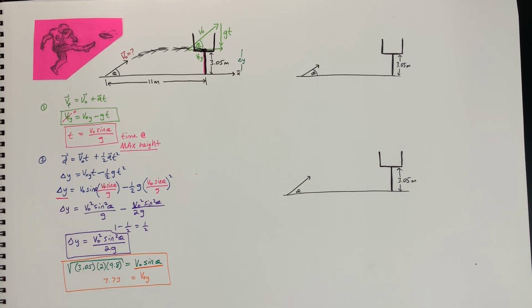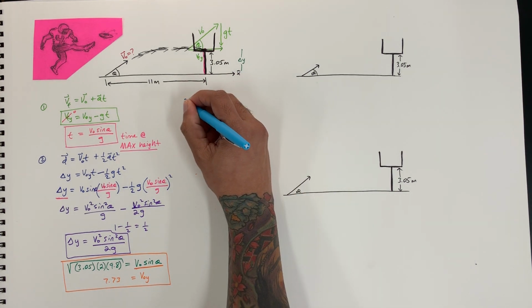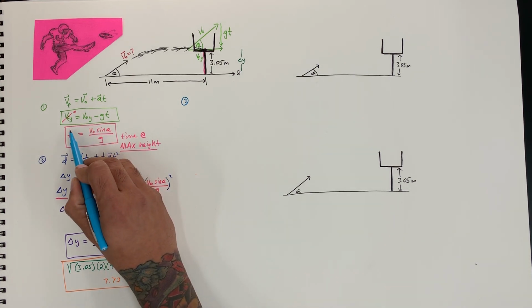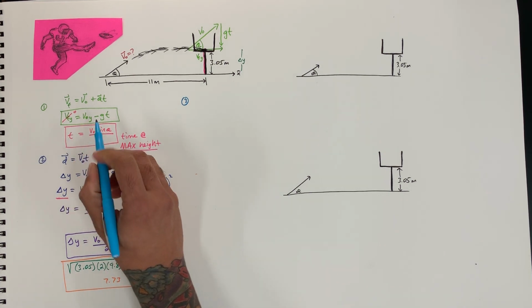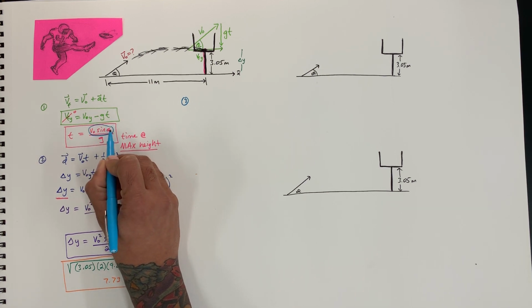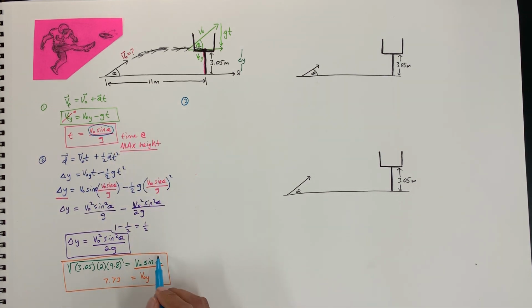Now let's go on to step 4, or step 3. Step 3. If we look at our time from step 1, we have here v initial sine theta, and what we solved for was v initial sine theta.